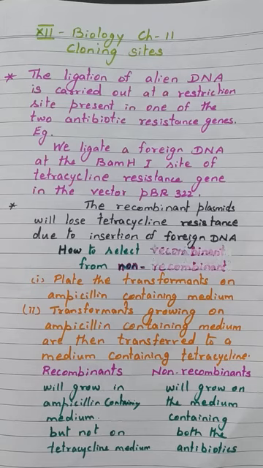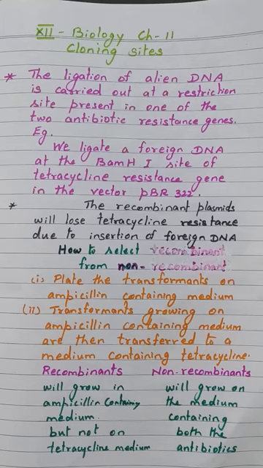Extra chromosomal DNAs. And then bacteriophages are viruses that infect bacteria. These two have the capacity to transfer the DNA into the host. That is why we have selected plasmid as well as bacteriophage as vectors.